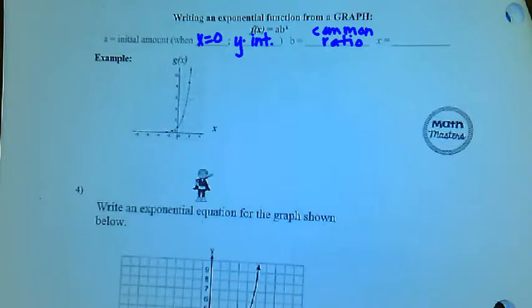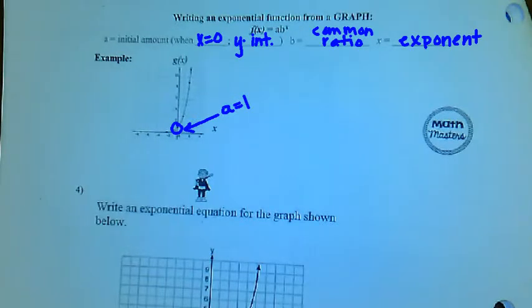And x is the exponent. All right, so the first thing I'm going to pull out, I see right here. And look on your own paper since it's very hard to see on this, but a is equal to 1.